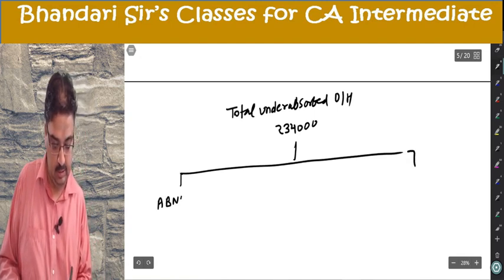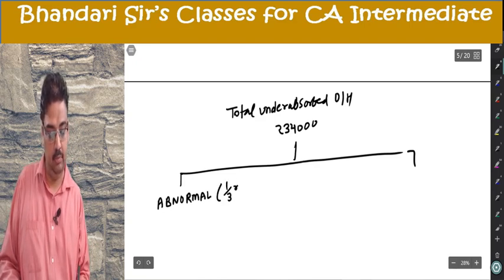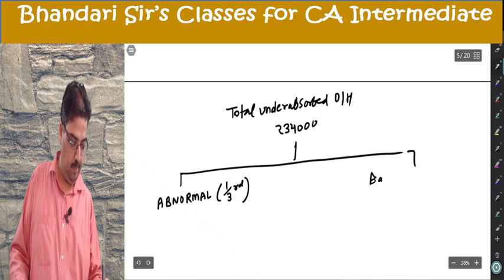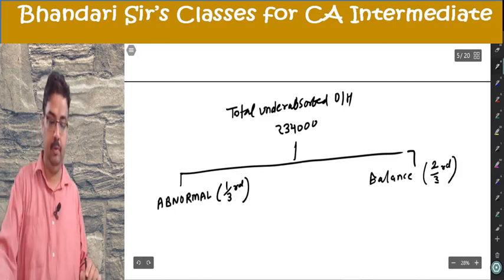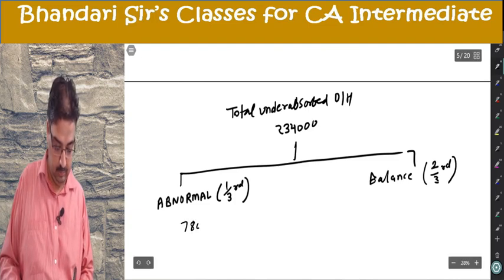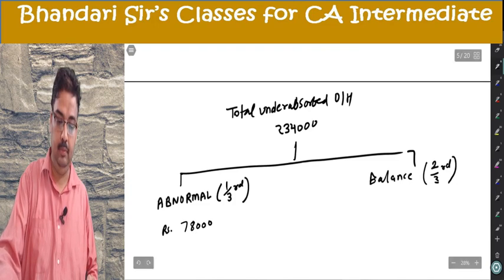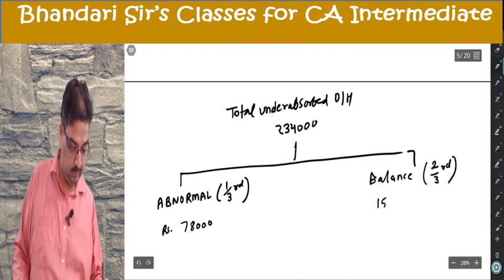Question tells abnormal is 1/3, balance or normal is 2/3. 1/3 is 78,000 and normal remaining there is 1,56,000.